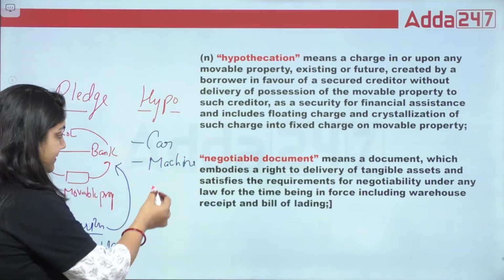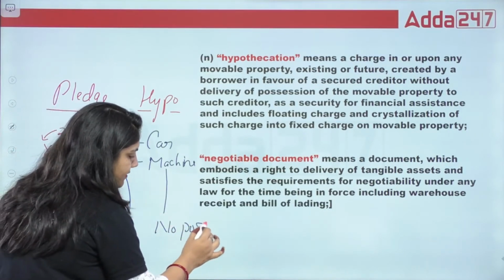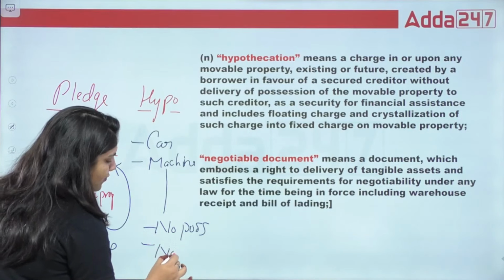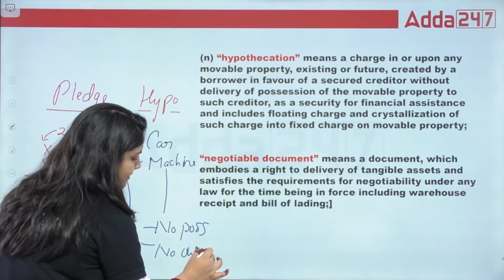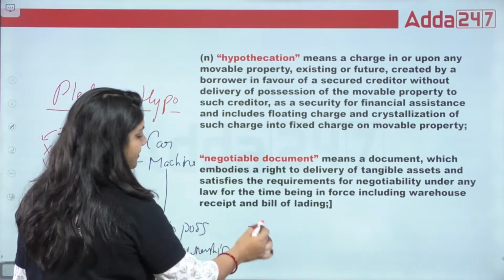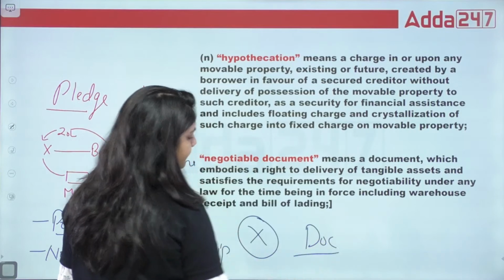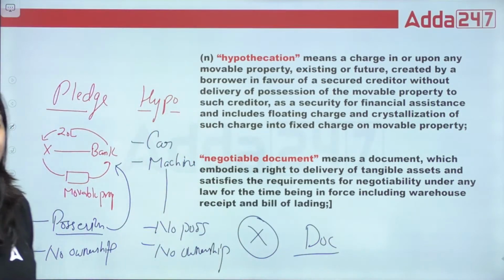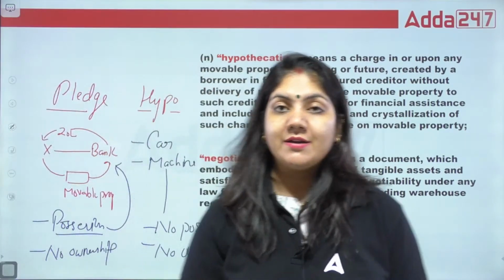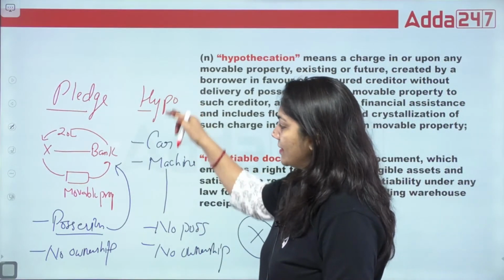In that case, no possession is transferred and no ownership is transferred. It means the ownership and possession remain with X person. Only the document is transferred in this case. Is that okay? This is your hypothecation.